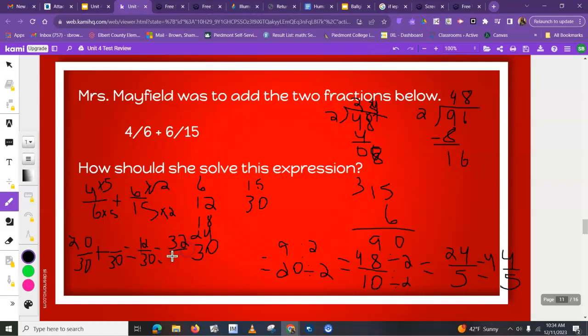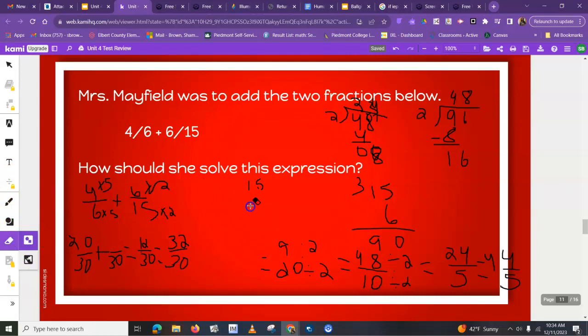And that's improper, so I have to change that to a proper fraction. Let me erase this, get it out of the way. To change this to a proper fraction, remember you have to find your GCF, your greatest common factor, for 32 and 30.